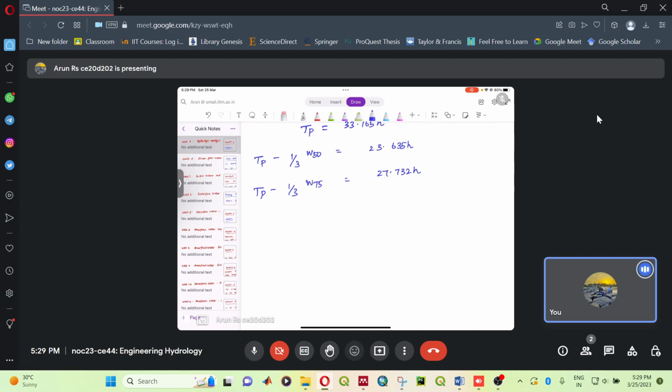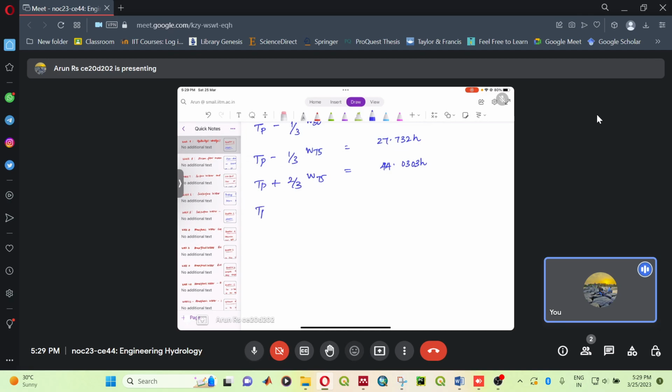Similarly, we have to calculate for the 2/3 on the right hand side of the peak. That will be TP plus 2/3 of W75. That is 44.0303 hours.